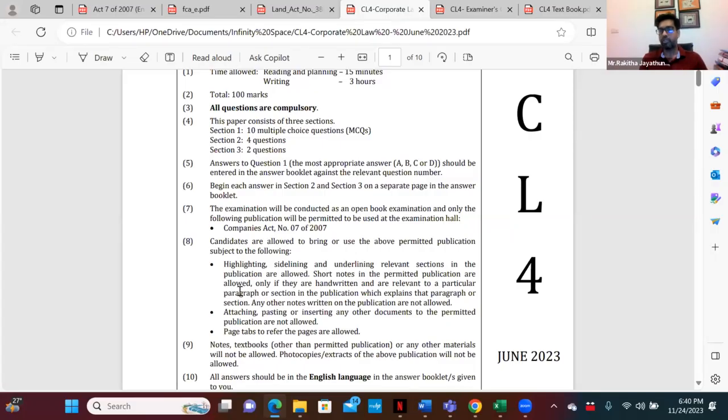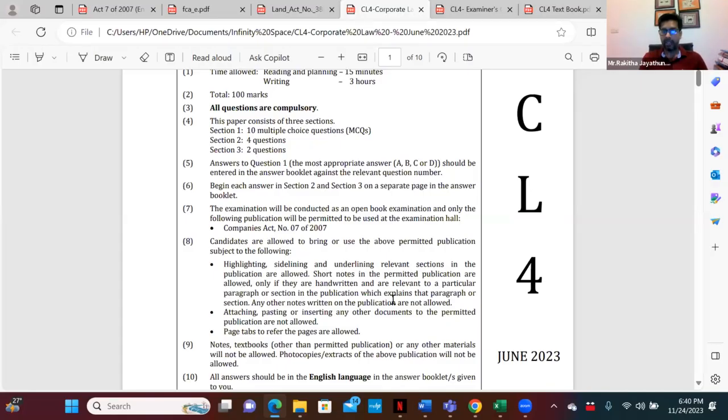So briefly, you can have notes written on the Companies Act itself. That is also extremely useful, especially if you have a problem of memorizing things, memorizing case law, then obviously it's a good opportunity because you can have short notes.